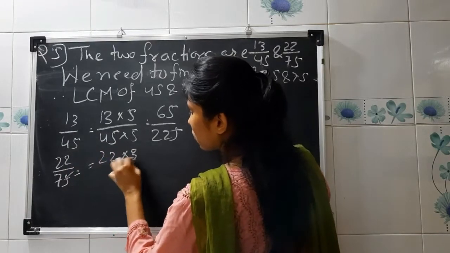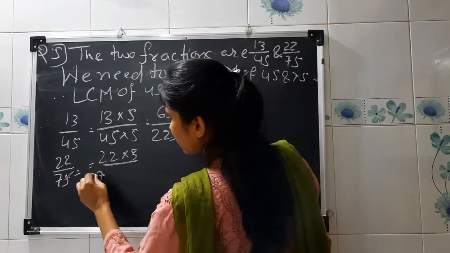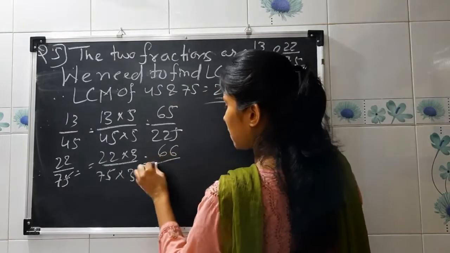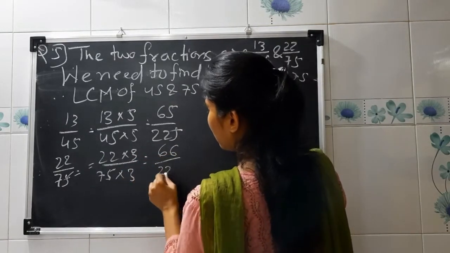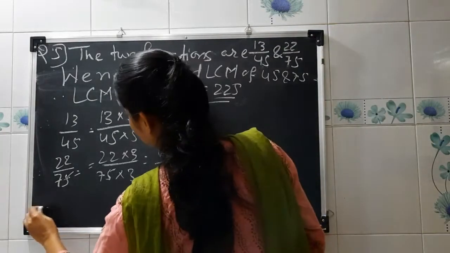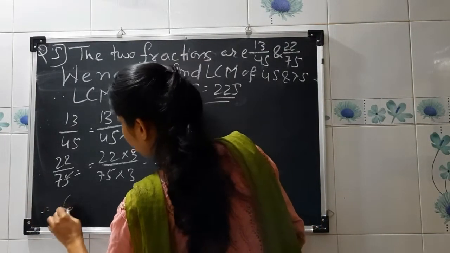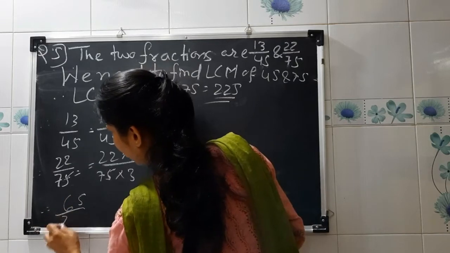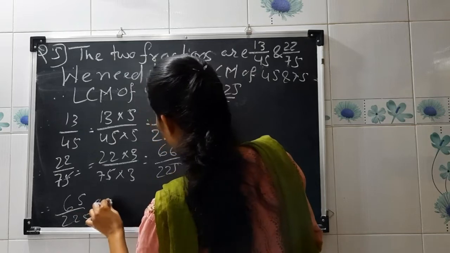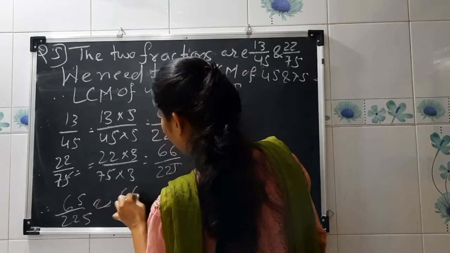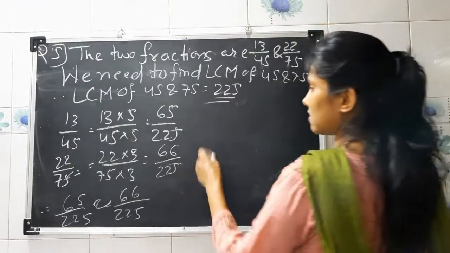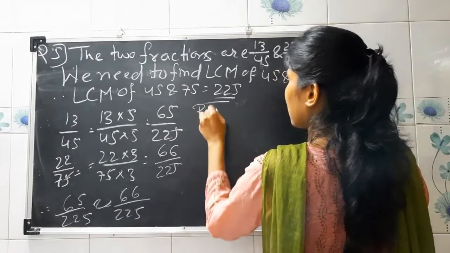So 22 into 3 upon 75 into 3, 66 upon 225. Now we got the equivalent fractions as 65 upon 225 and 66 upon 225. Now we will add these.